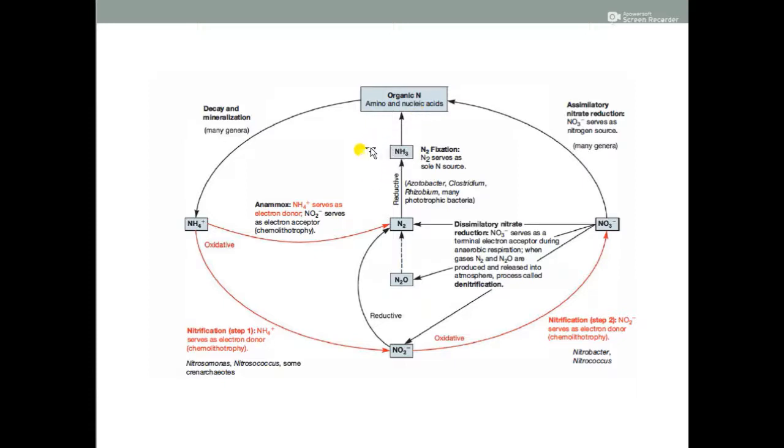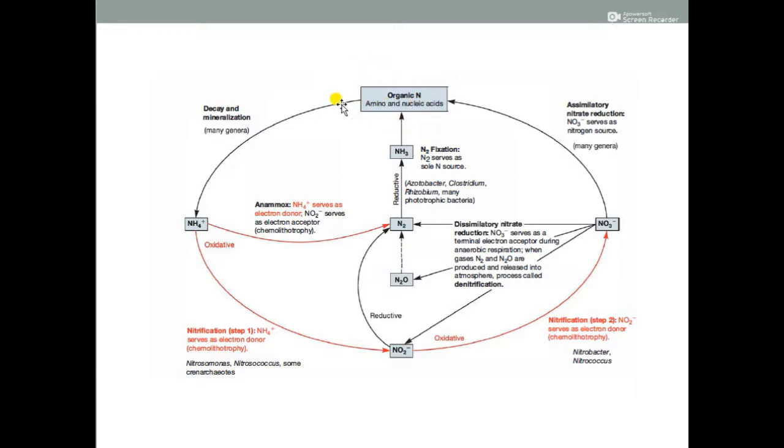So the ammonia synthesized by these bacteria is further converted into organic nitrogen like amino acids and nucleic acids. The nucleic acid synthetic mechanism as well as the amino acid synthetic mechanism is present in all living forms. So the conversion of nitrogen to ammonia happens by the process of nitrogen fixation, and after that this ammonia is converted into organic nitrogen, examples of which are amino acids as well as nucleic acids.